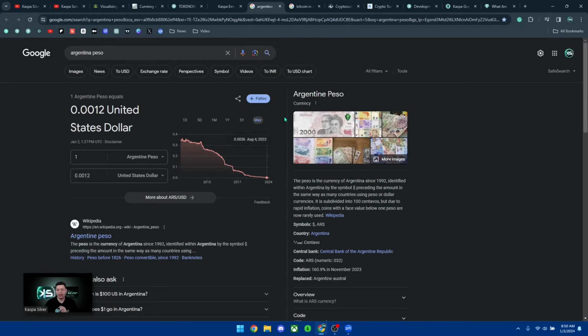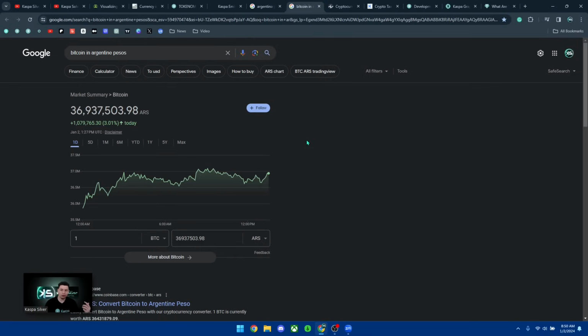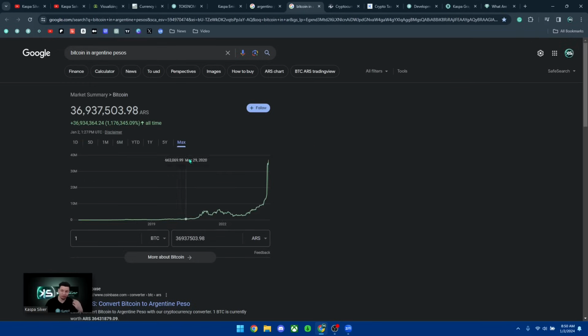But in Bitcoin terms, it's about 36 million Argentinian pesos for just one Bitcoin. And you can see that this recently happened. This is the Bitcoin chart in terms of Argentinian pesos. So if you were holding Bitcoin in Argentina, this is actually a better currency for you.